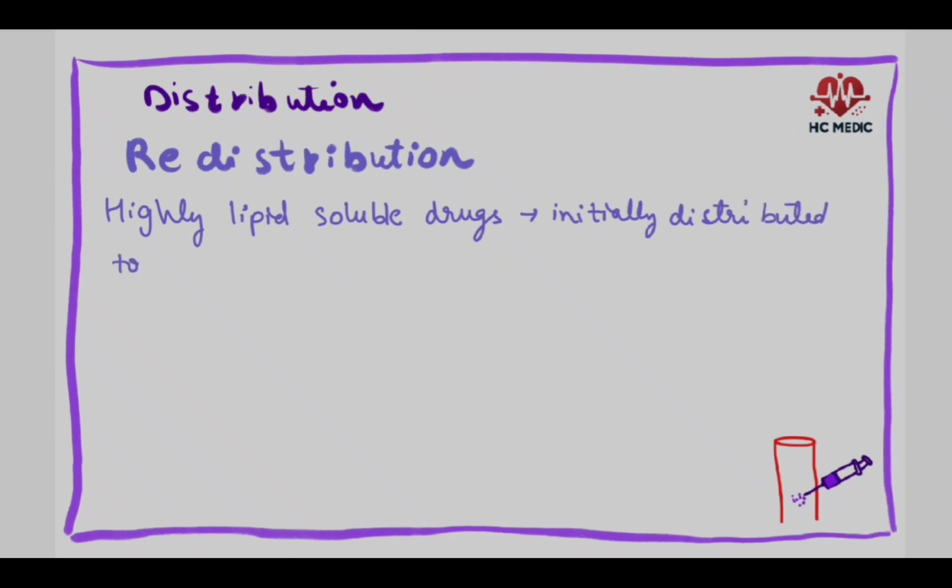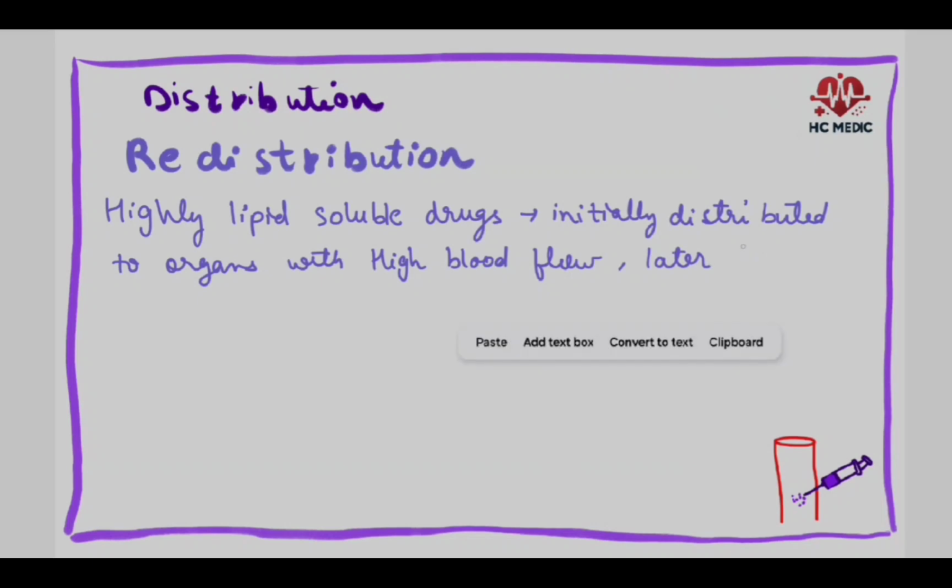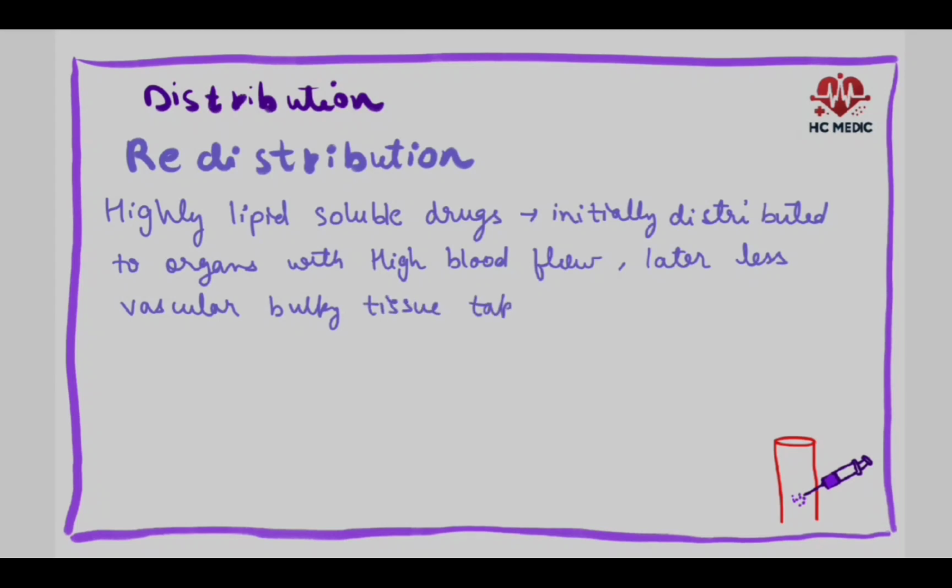That is, highly lipid soluble drugs are initially distributed to the organs with high blood flow, that is the central compartment, and then they get distributed to the peripheral compartment. Whenever the site of action is the central compartment, these drugs become ineffective because they get redistributed.